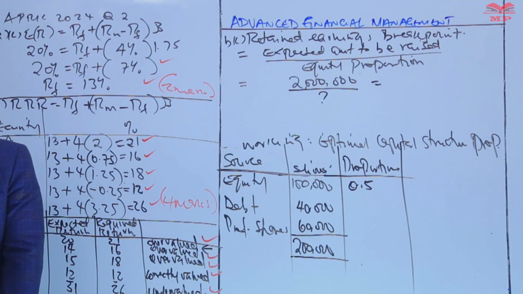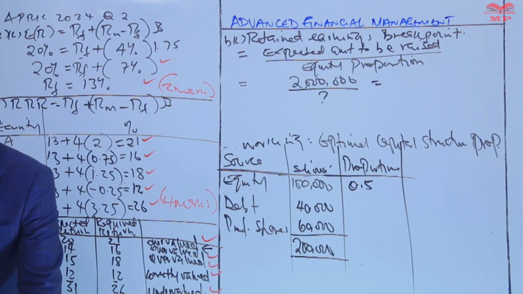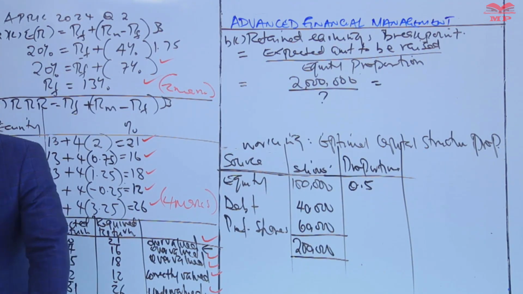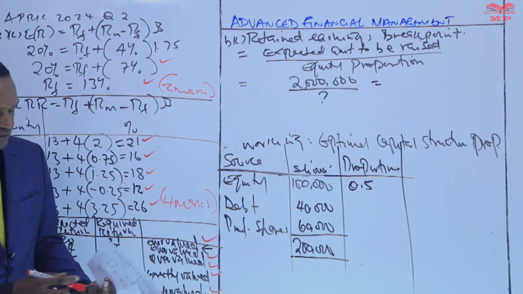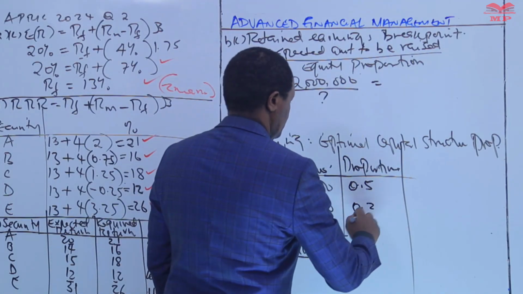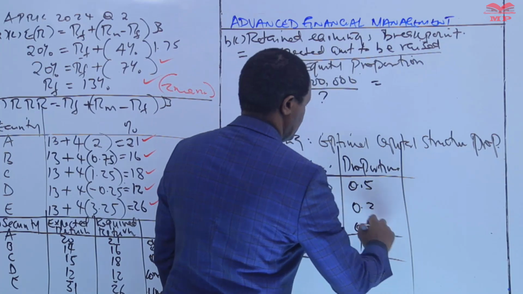The proportion for preference is how much? Proportion for preference 0.2, correct? So it will be 0.5 plus 0.2 plus 0.3, that will give us the total, 1.0.